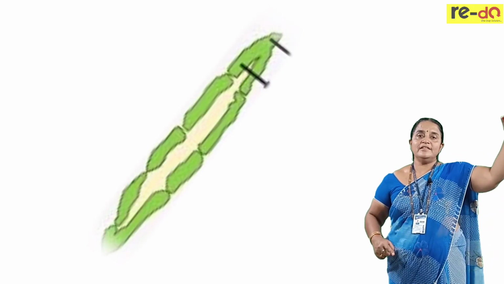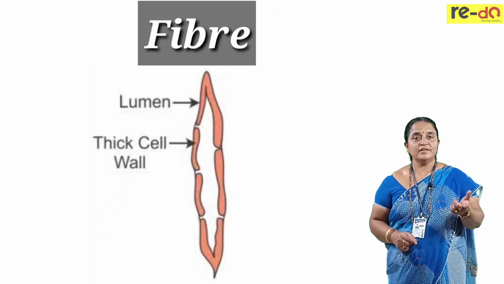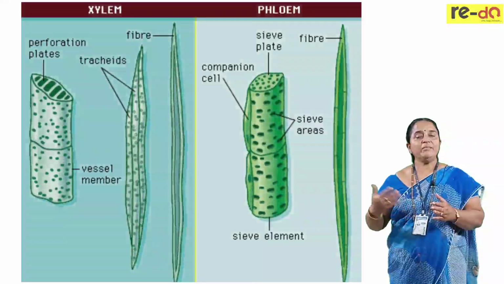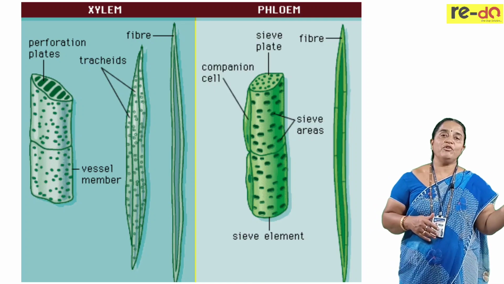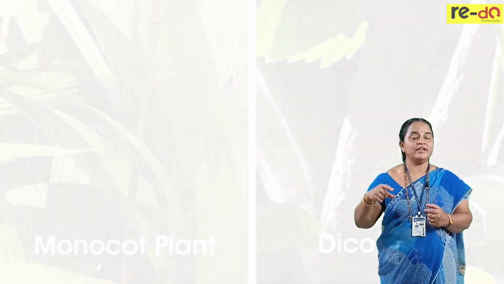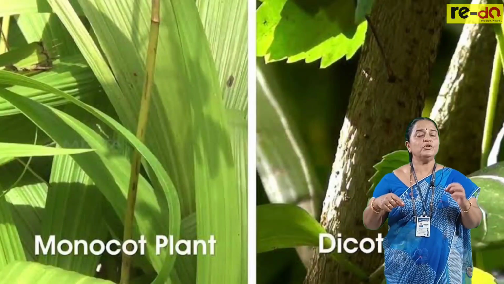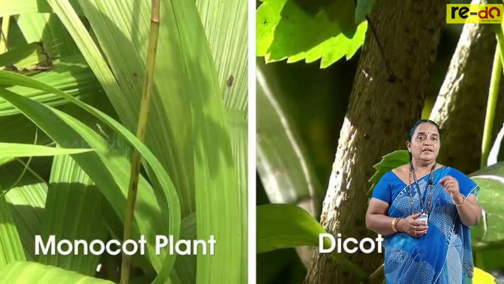Elongated dead cells which are known for mechanical support are known as fibers. Xylem fibers and phloem fibers provide mechanical support to xylem and phloem. Extraxylary and extraphloic fibers provide mechanical strength to the hypodermal region in monocotyledonous as well as dicotyledonous plants.